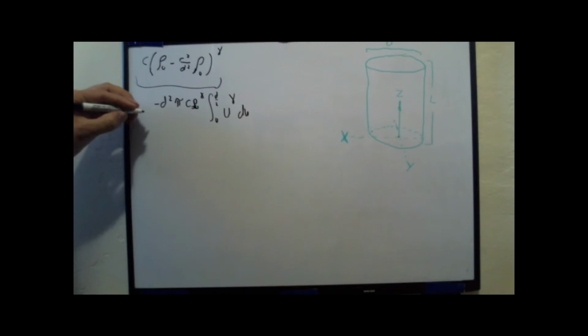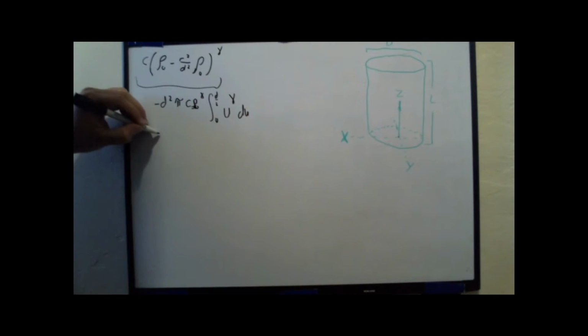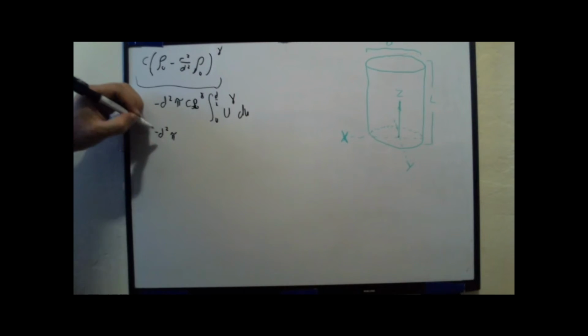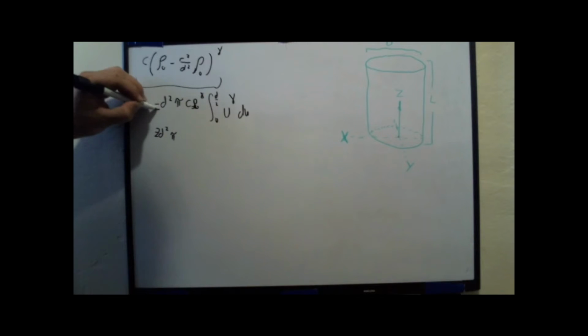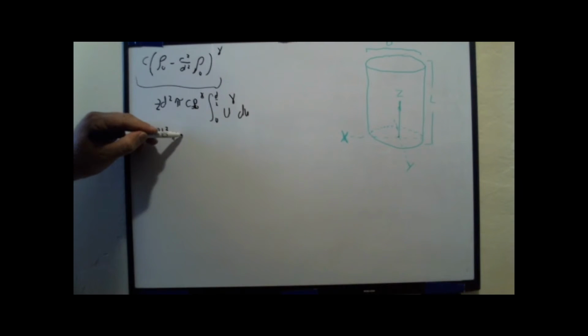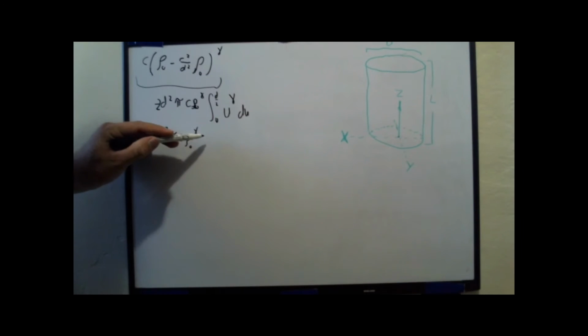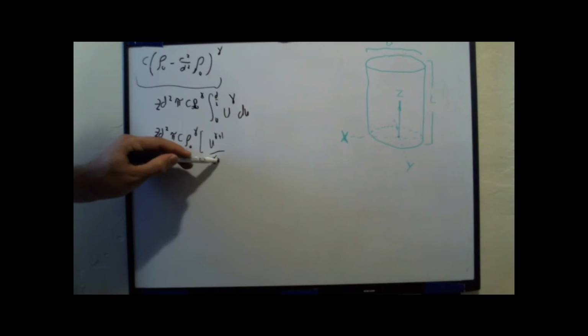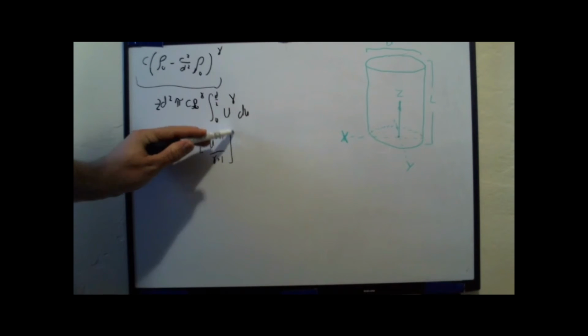I'm going to say negative d squared pi, should be negative 2 d squared pi c rho naught to the gamma times u to the gamma plus 1 over gamma plus 1 from 0 to d over 2.